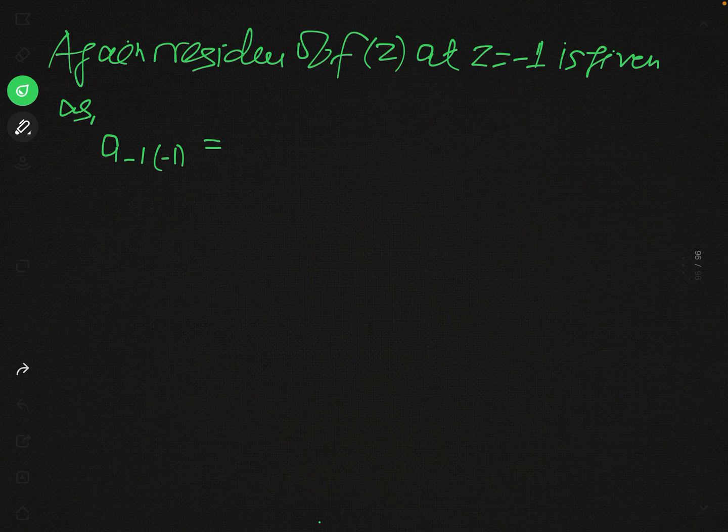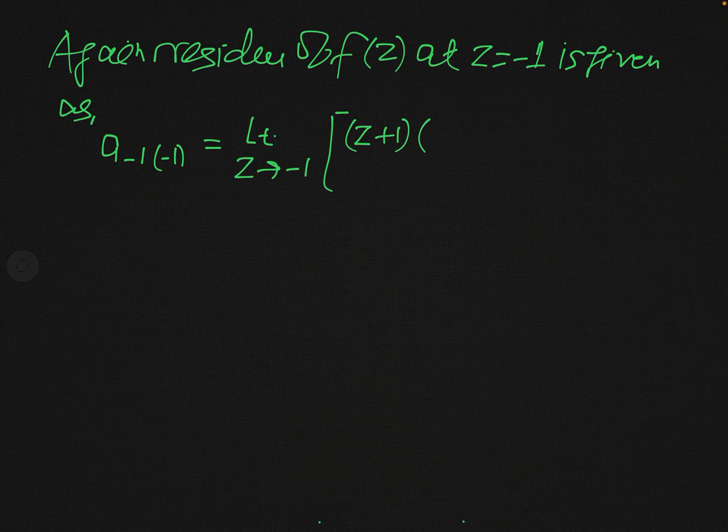So what will this be? Since the pole is simple, you will again use the same formula. This will be the limit z tending towards -1 of (z minus z0), where z0 is -1, so this is z plus 1, times f of z. And you know f of z is 2z minus 1 over z into (z plus 1) into (z minus 3).